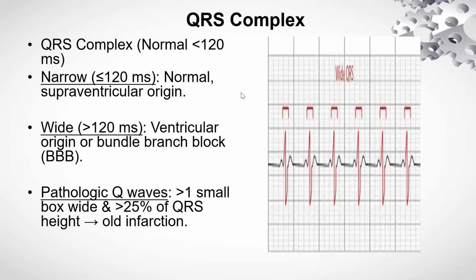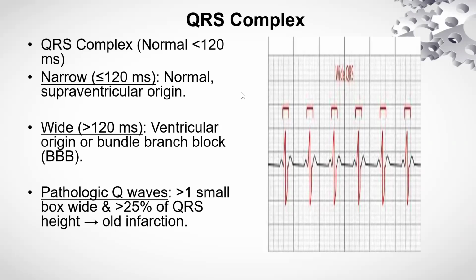So when the width of the QRS complex is more than 3 small squares, it is a wide complex, and it means that the arrhythmia is coming from within the ventricles itself. But if it's less than 3 small squares, it is a narrow complex arrhythmia, and examples are the SVTs, like I mentioned before.